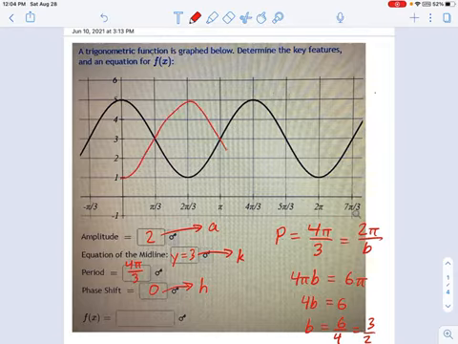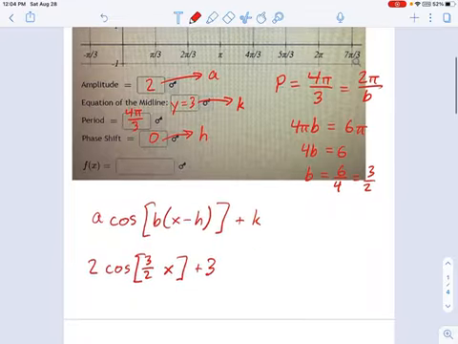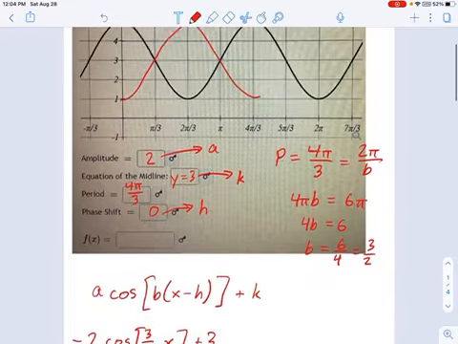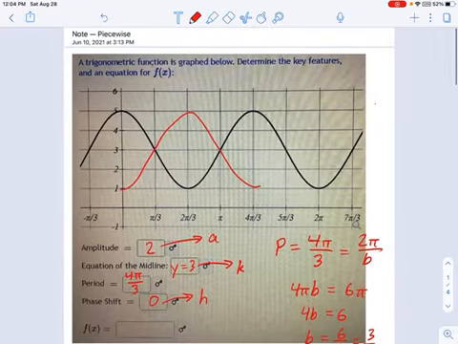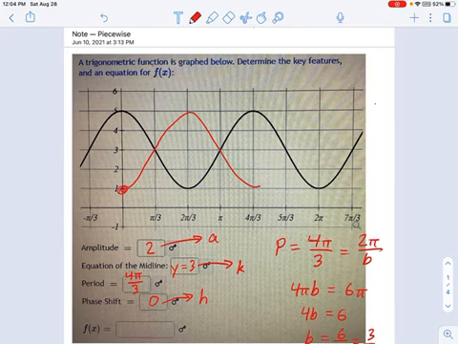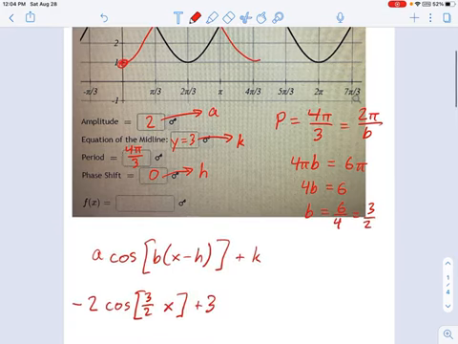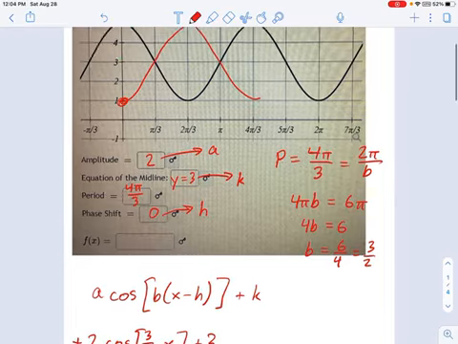See how I just drew the negative version? In this case, your amplitude would still be 2, but you would have to put a negative sign in there if it started at the lower bound instead of the upper bound vertically. In our case, it's a positive cosine. So we really can just say 2 cosine blah, blah, blah. Okay, and that's how you do this thing.